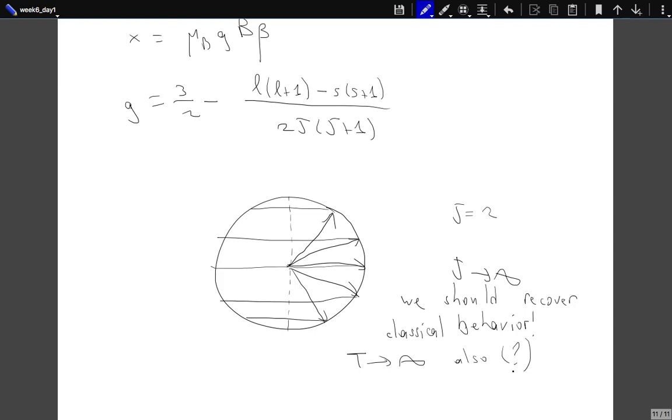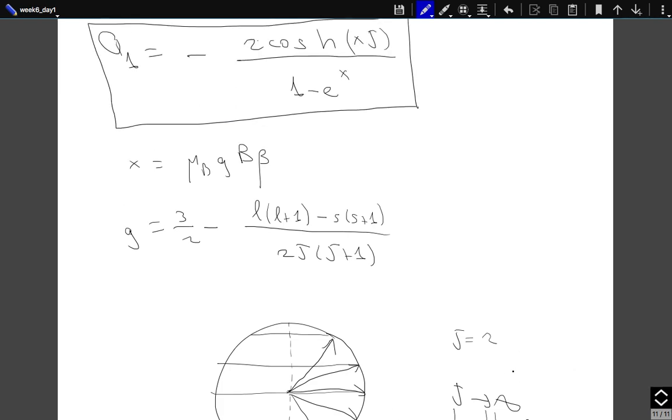Because you see, the discreteness is important because certain transitions will not be allowed when you have the thermalization process. But if temperature goes to infinity, you see, the discreteness will be negligible compared to the thermal energy. So the important parameter here will be, if you look at the definition of X, again we have more or less the same thing, mu B g B over kT.